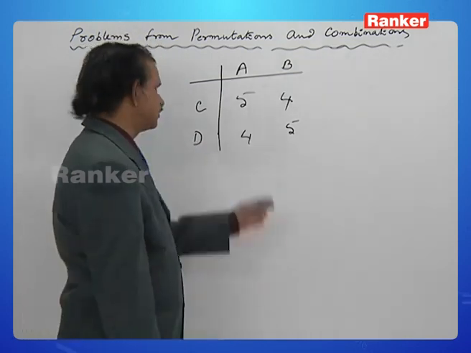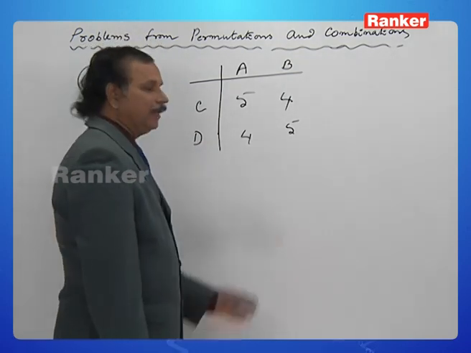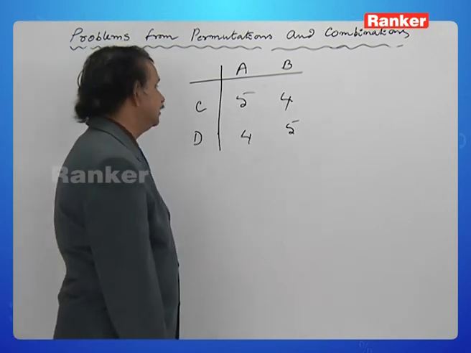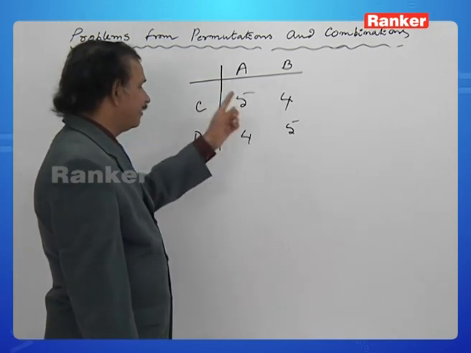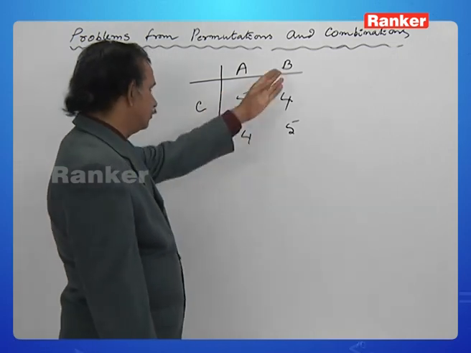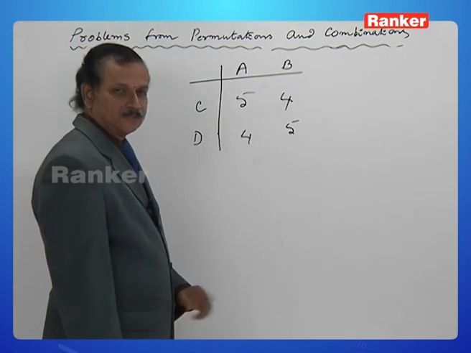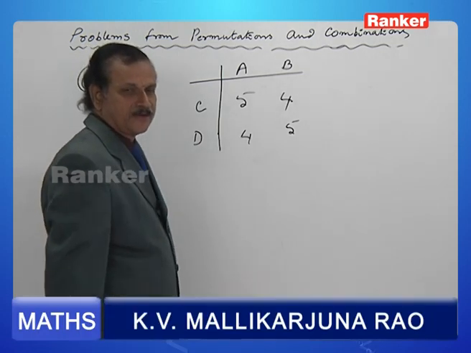You can express it like this. By looking at the table itself, you will be able to say that both A and C jointly develop 5 items, both B and C jointly develop 4 items, like that. This is exactly according to the data.